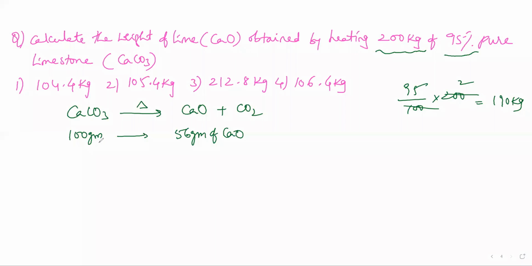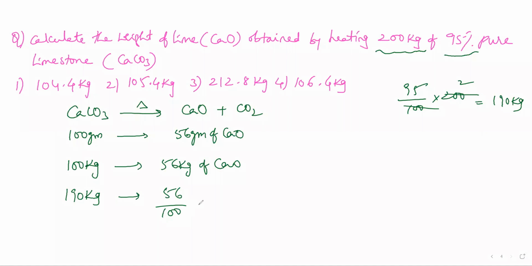So 100 grams gives 56 grams. That means convert into kg. 100 kg of calcium carbonate gives 56 kg of CaO. Then 190 kg of calcium carbonate gives 56 by 100 into 190. The zeros get cancelled. 56 by 10 is 5.6. So 5.6 into 19.